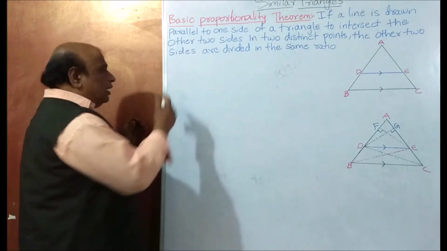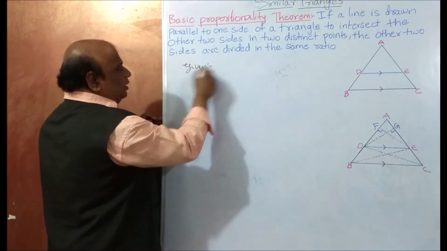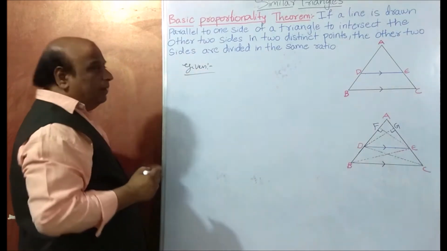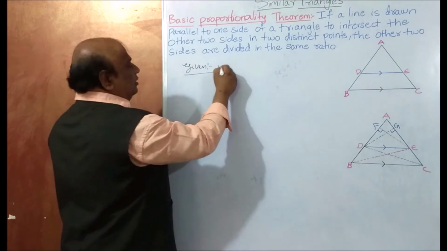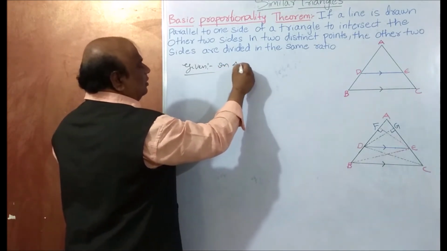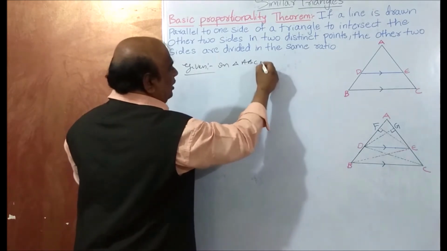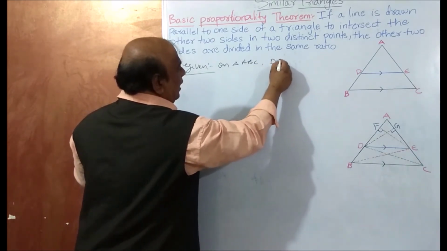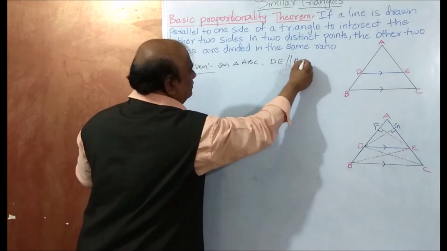First, what are the given conditions you have to write? Given: in triangle ABC, DE parallel to BC.